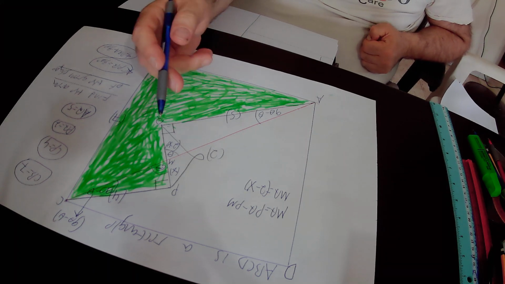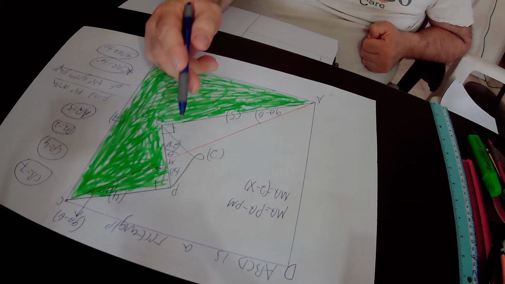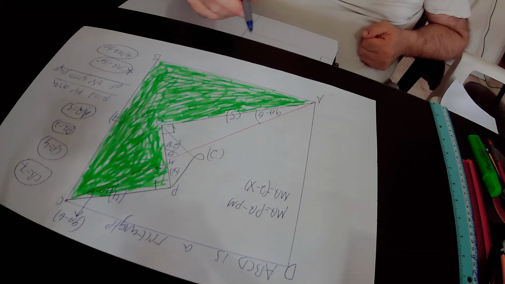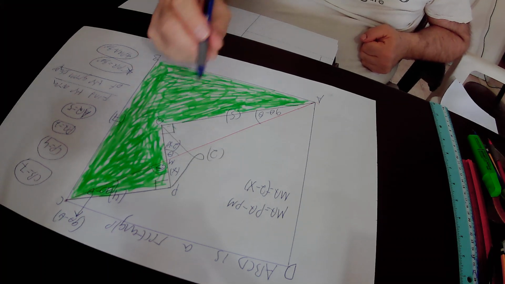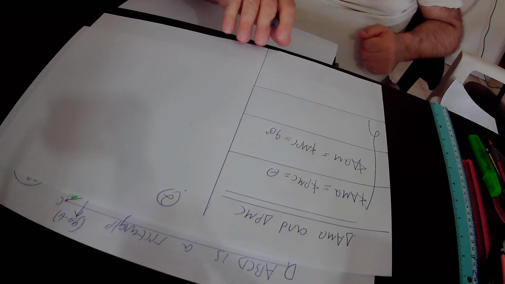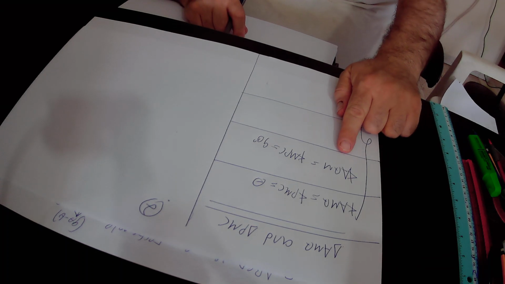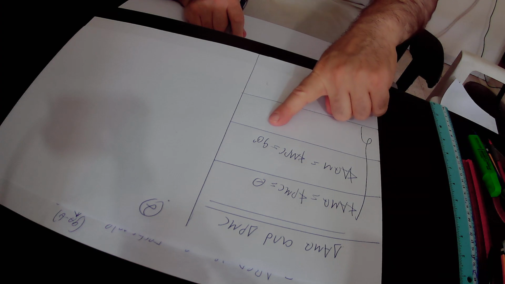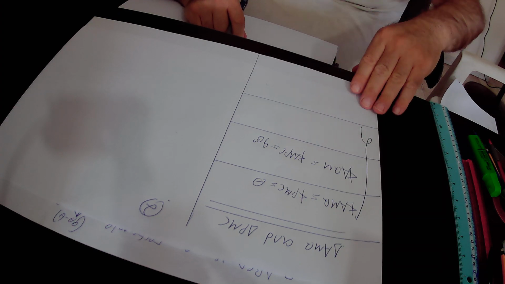This is actually angle MPC in the right green triangle PMC. Repeat again. Angle AQM in the right triangle AMQ equals angle MPC in the right triangle PMC. They are both equal to 90 degrees, therefore they are equal to each other.